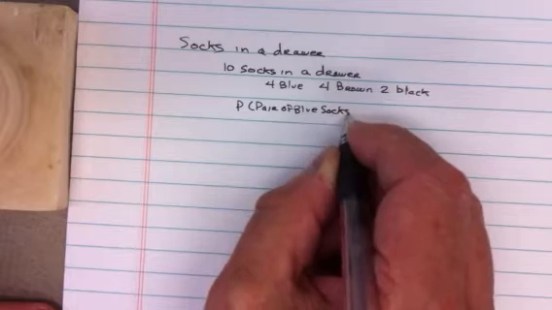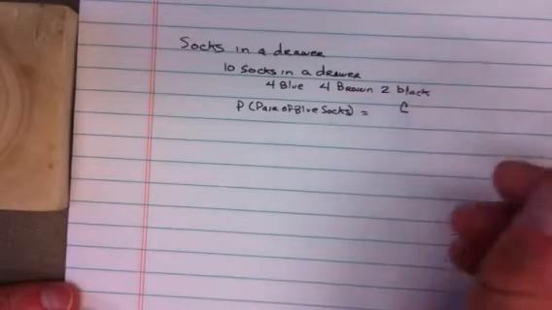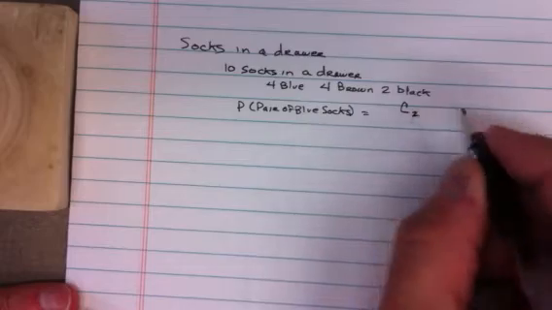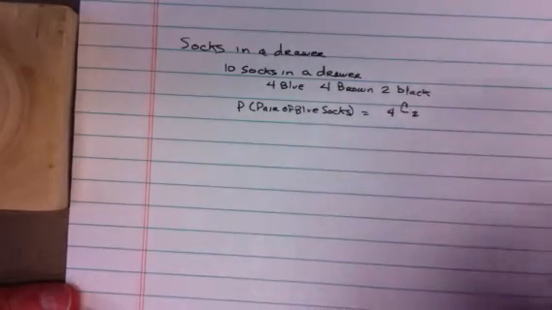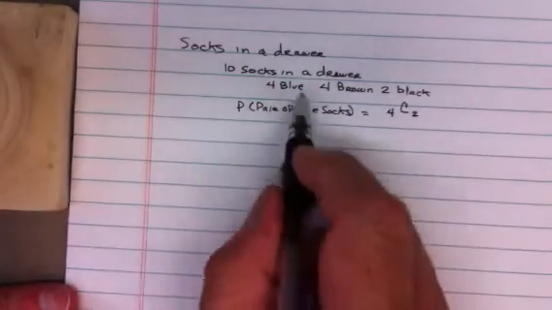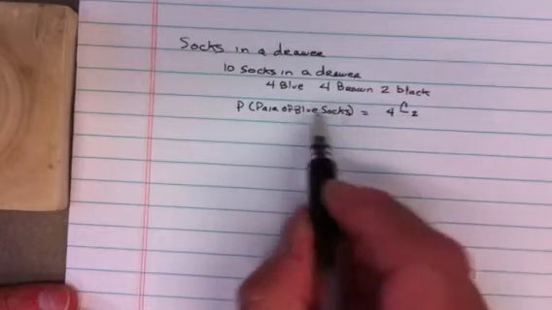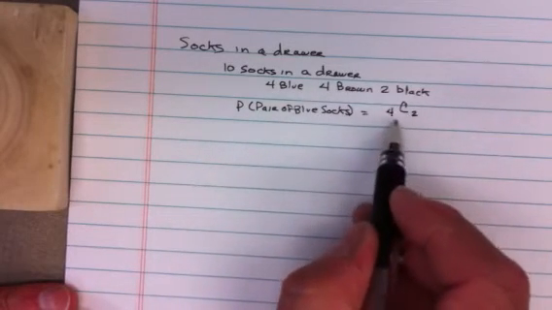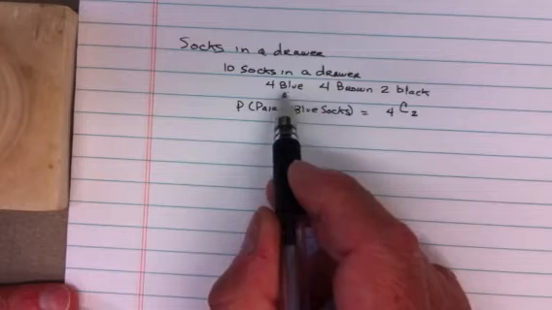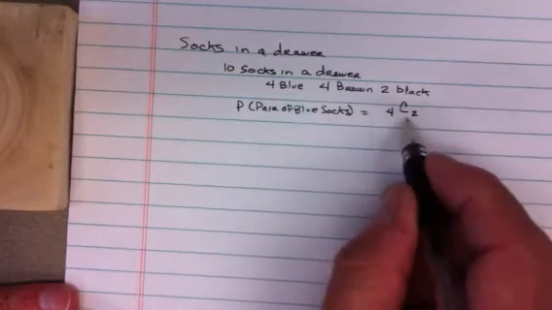Now you could review this in the textbook and also on videos on permutations and combinations, but basically we're looking for the combinations of taking 2 blue socks out of a group of 4 blue socks. Since there's 4 blue socks total, a pair would be 2 of them. The number of possibilities for 2 blue socks to be picked out of a group of 4 blue socks is right here.